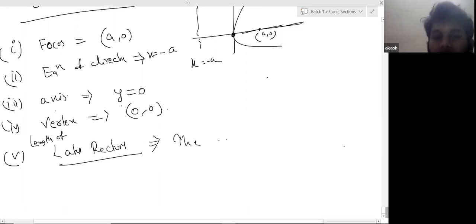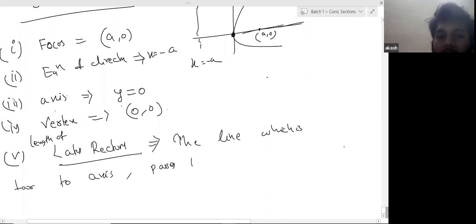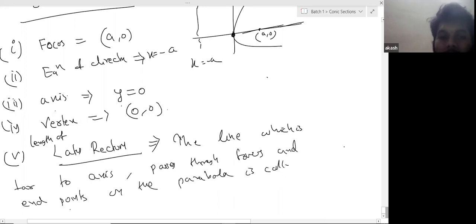The line which is perpendicular to the axis, passes through the focus, and has endpoints on the parabola is called latus rectum.